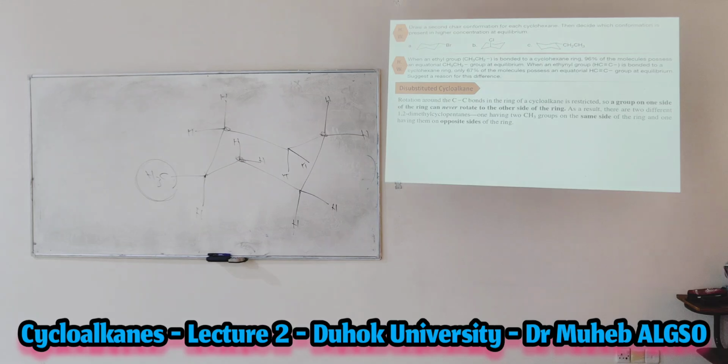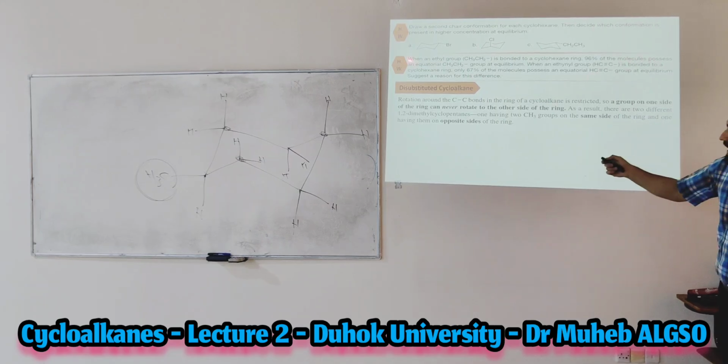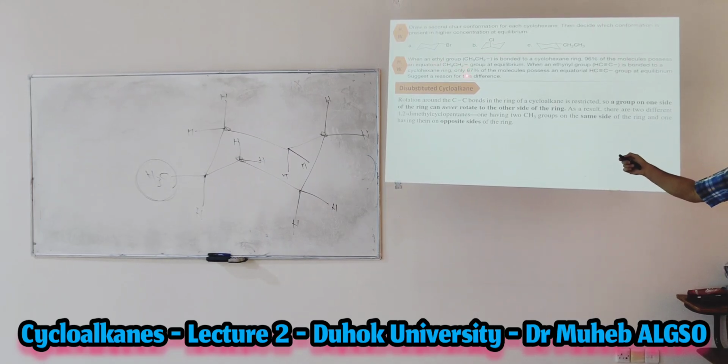The second homework: when an ethyl group is bonded to the cyclohexane ring, 96% of the molecules possess an equatorial CH3CH2.